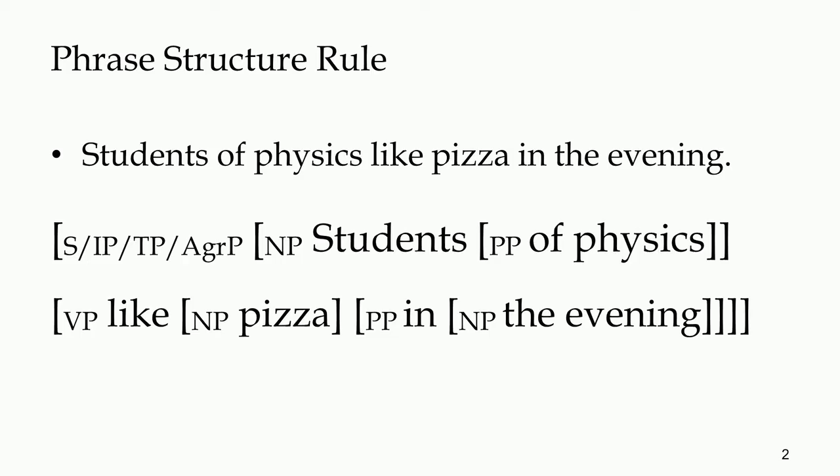"Like pizza in the evening" is the predicate, out of which "like pizza" is called a verb phrase, where "like" is the verb and "pizza" is the complement of the verb, and pizza therefore is a required part of the verb. "In the evening," though not a required part of the verb, still belongs to the predicate.